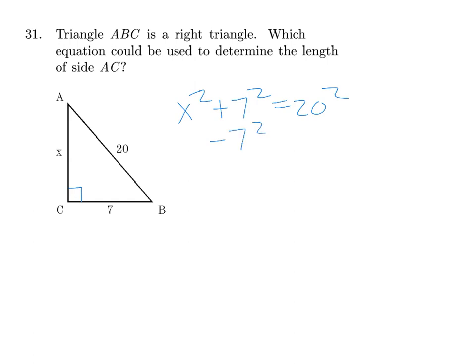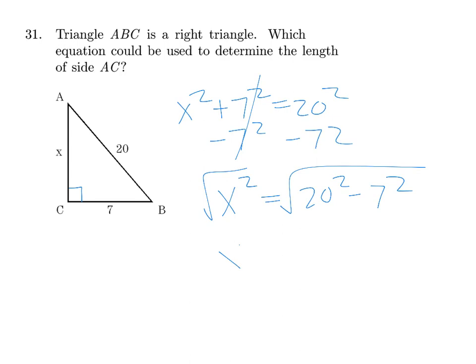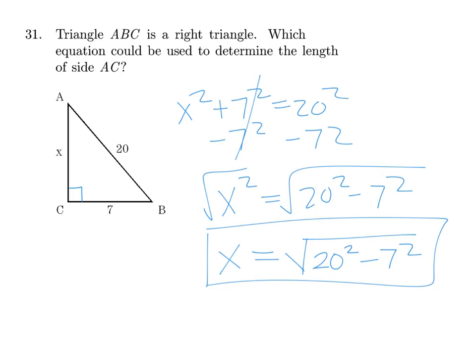Then you could subtract 7 squared, square root both sides, and they just left it without simplifying everything in the answer key. So just be aware that maybe on the multiple choice test you'll get something like this. All right, that's all there is to that.